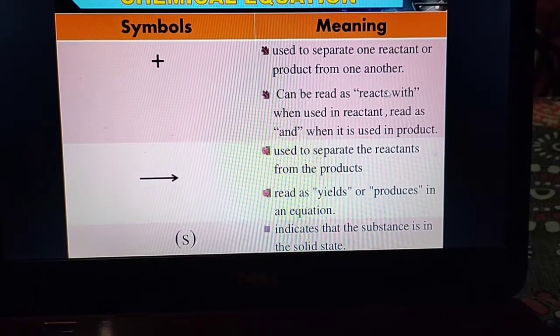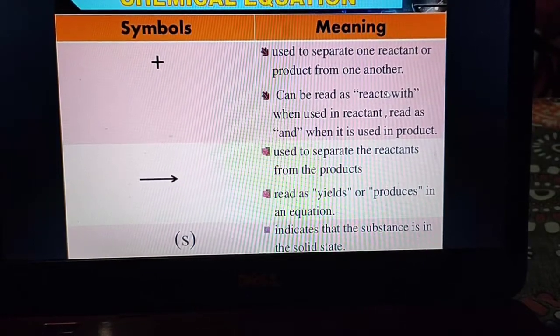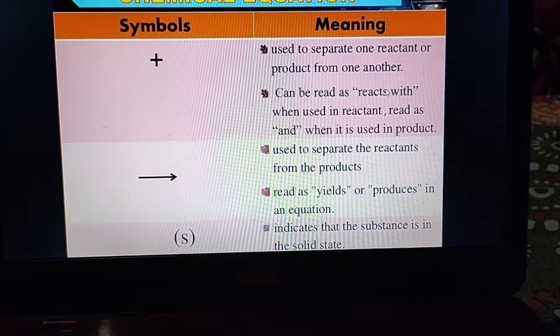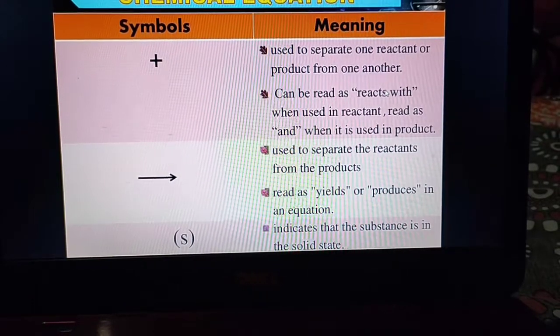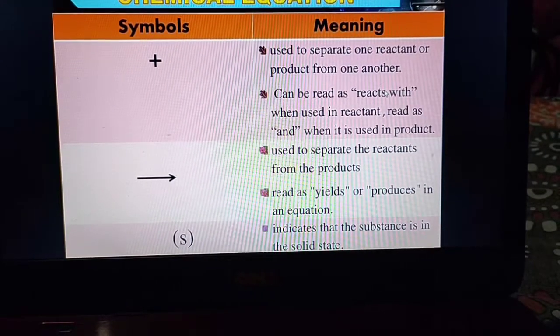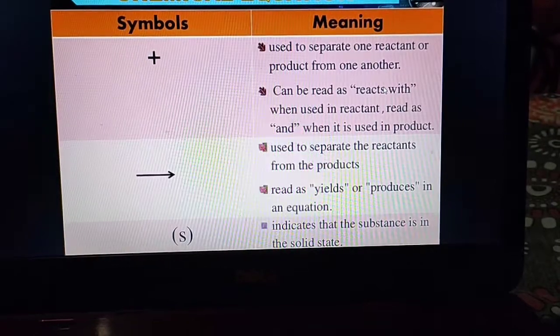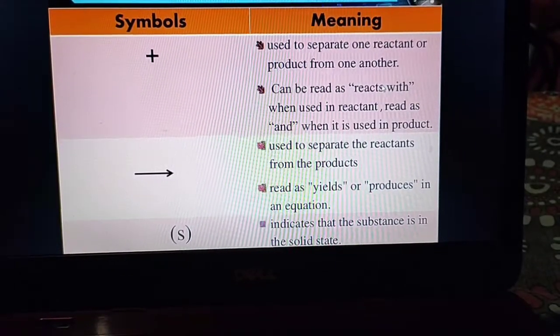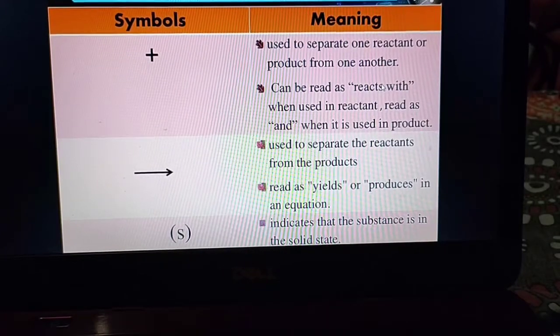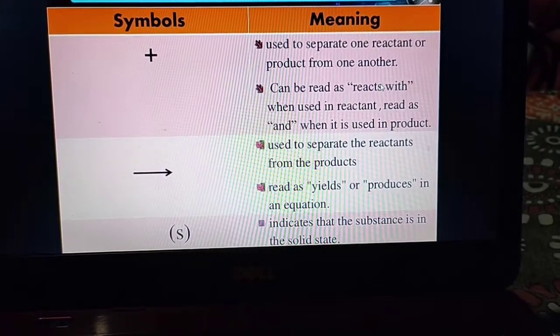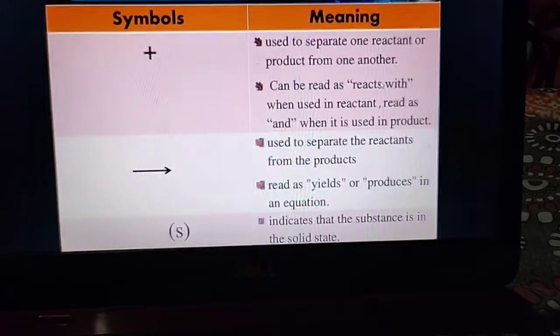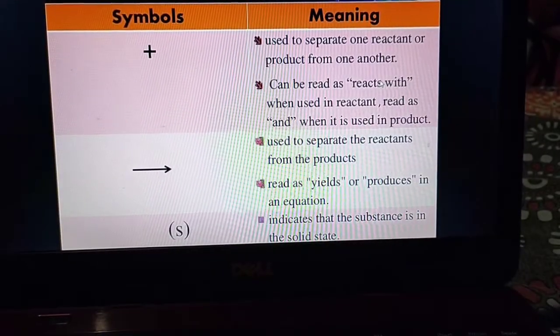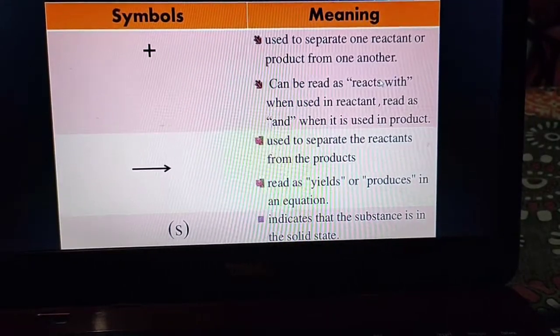It can be read as "reacts with" when used between reactants, and read as "and" when used between products. The arrow is used to separate the reactants from the products, and we read it as "yields" or "produces" in an equation.